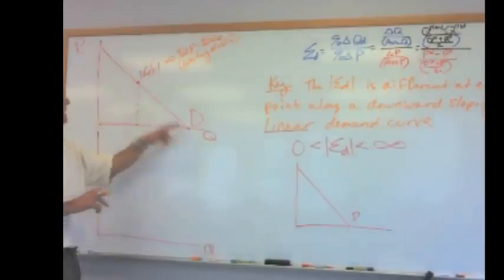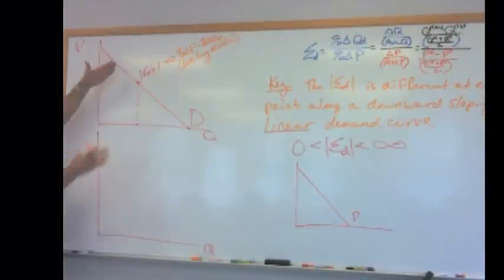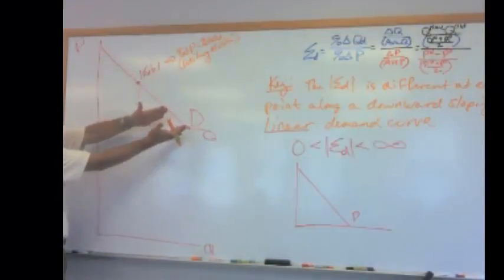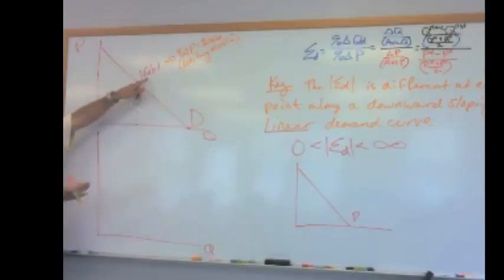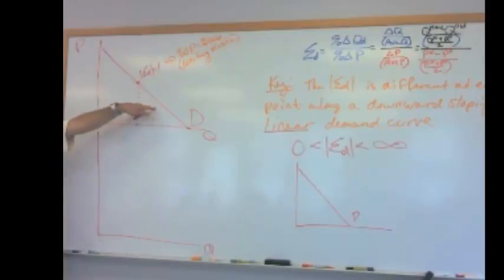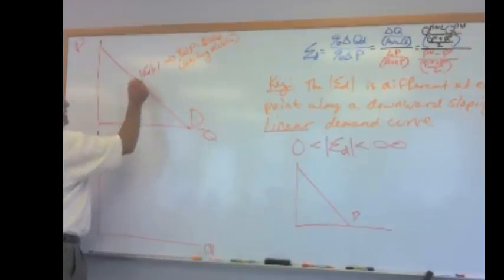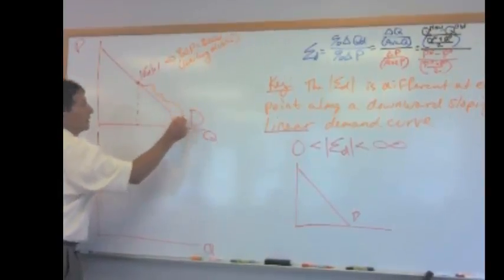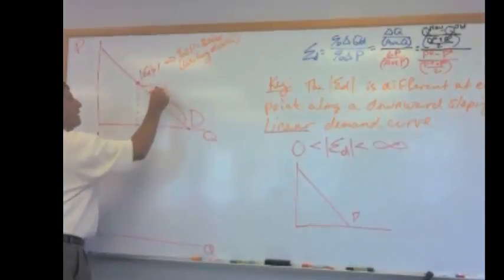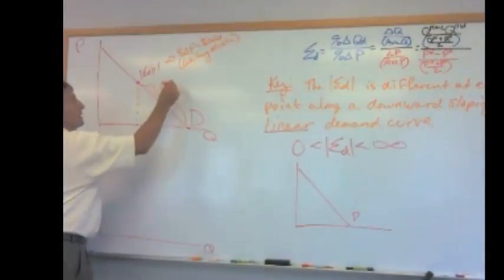Now we saw this happen in the example we did. As we moved in this direction, from point B to C, we saw that that number was less than 1. We had 1.17 before. We've got 0.625 after. So along this area of the demand curve, we have the absolute value of the elasticity being less than 1.